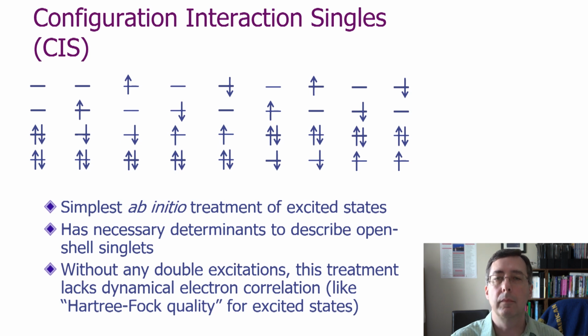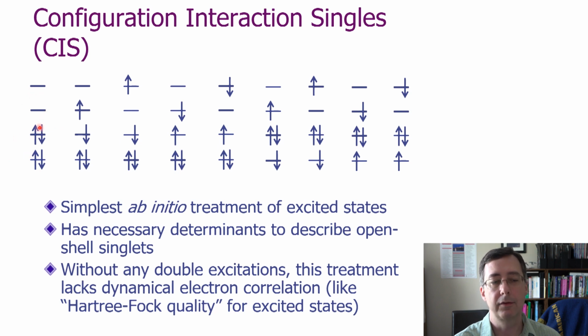Now, how can I do this practically? Well, the simplest thing I could do is so-called configuration interaction singles. So let me remind you, that's one where I take my Hartree-Fock determinant and I form all possible ways to excite one electron, that's the singles, from this determinant.